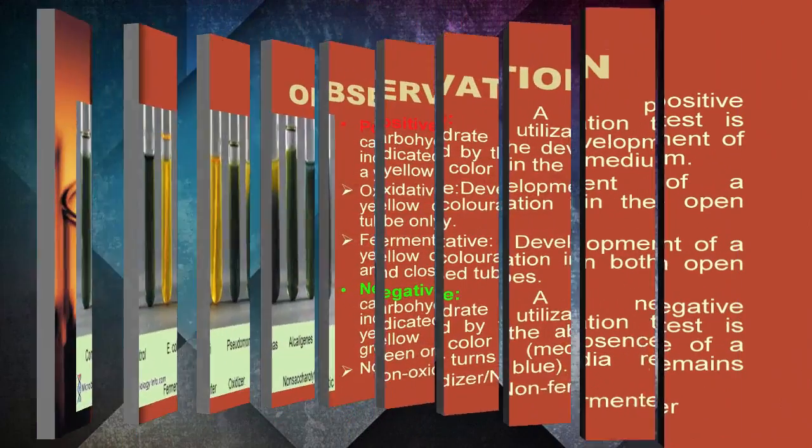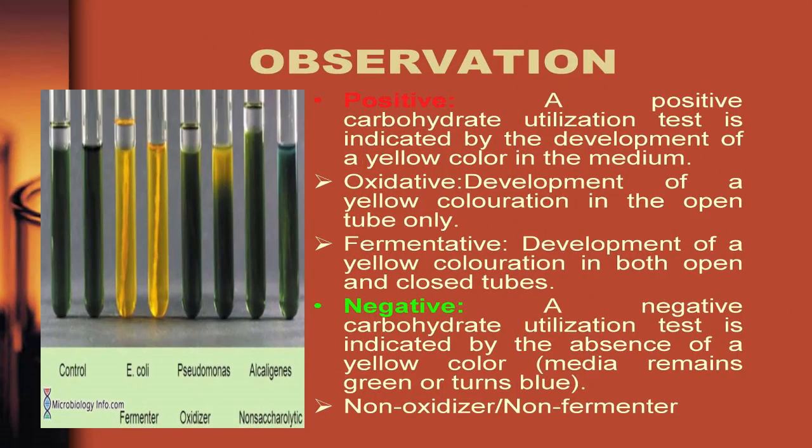The next day when you come, you have to observe for color change in the tubes. Observation: a positive carbohydrate utilization test is indicated by the development of a yellow color in the medium. If it is oxidative, you will see a development of yellow coloration in the open tube only.